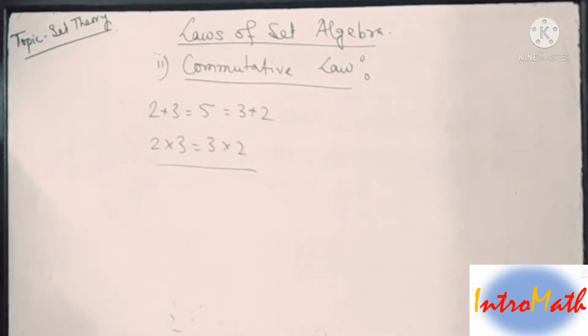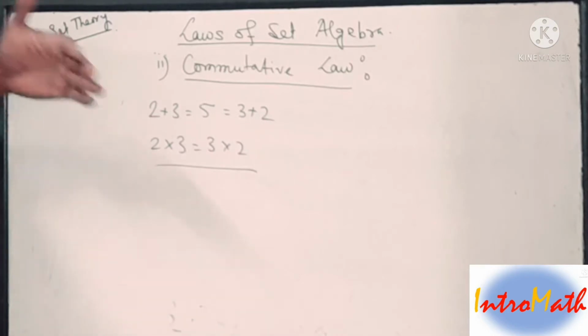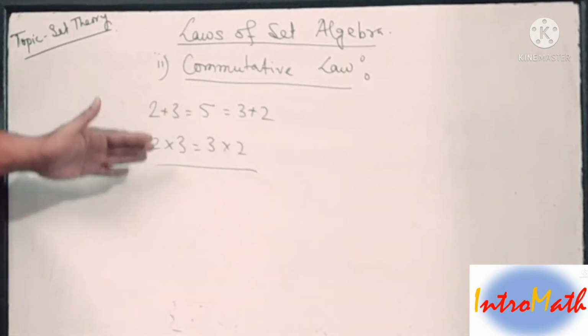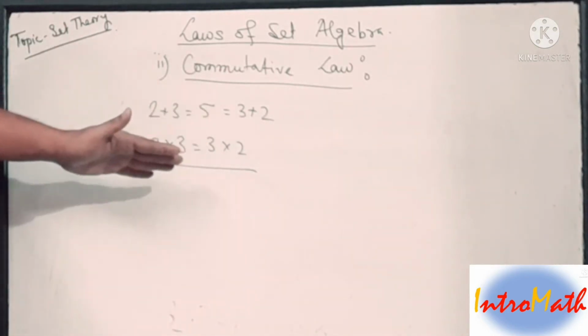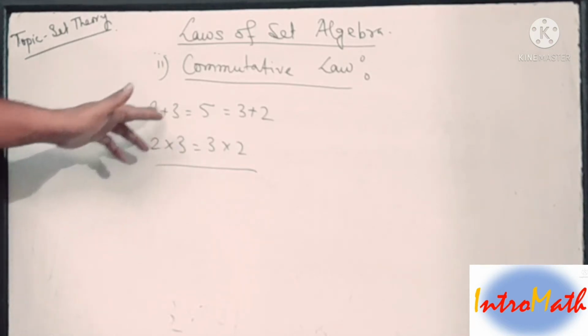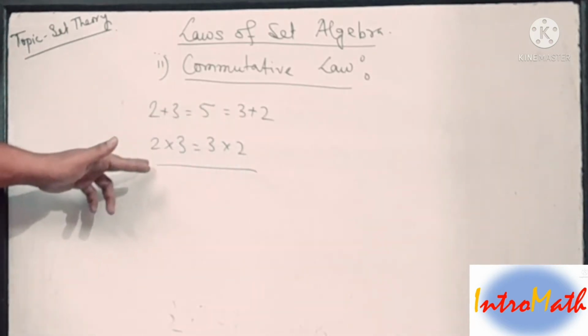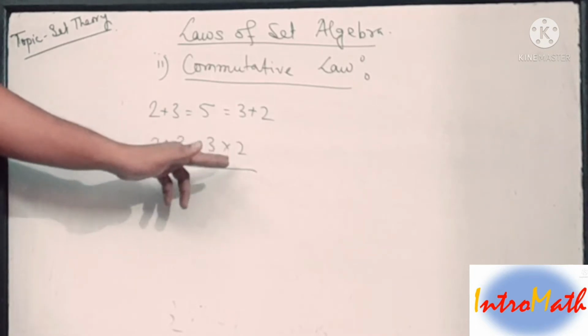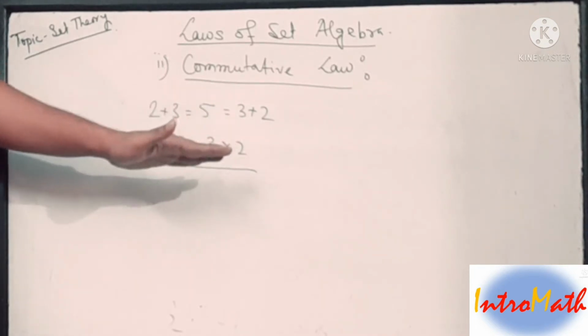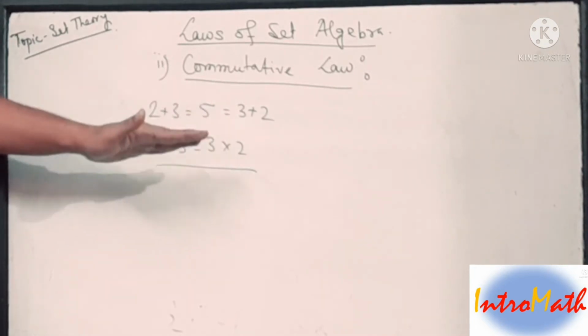These are the commutative laws. If the elements change their places, the same result will follow. Not in case of subtraction and division. These are commutative laws in algebra.